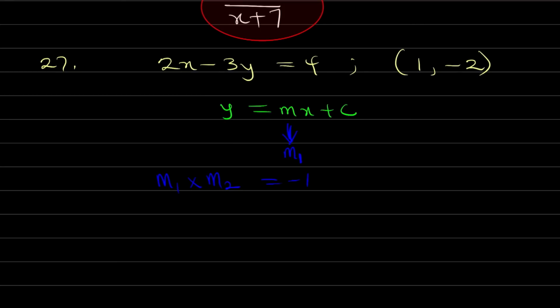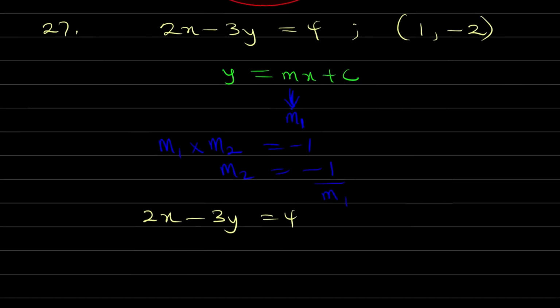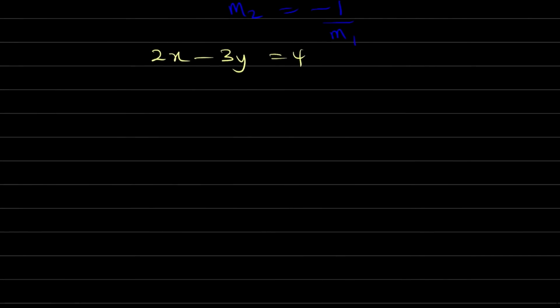That is, after getting m1, m2 is going to be negative 1 over m1. So from the given equation above, we have 2x minus 3y is equal to 4. This means that minus 3y is equal to minus 2x plus 4.